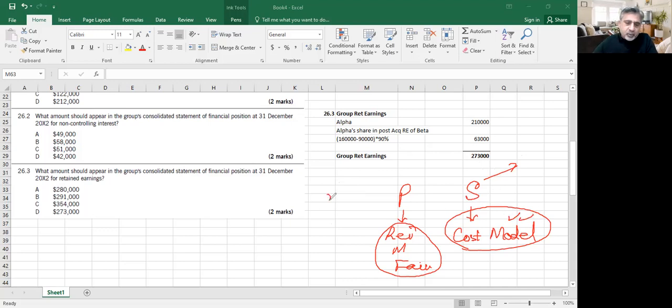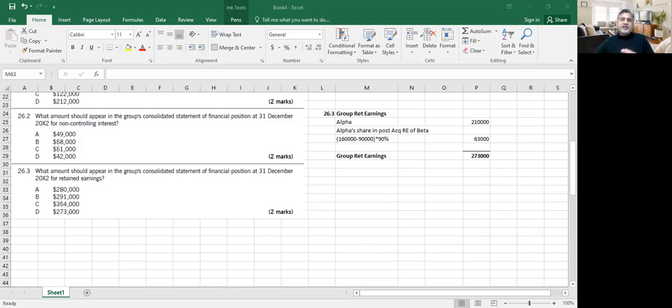But when I make my group accounts, I will use the parent's policy, whether fair value or revaluation model. Naturally, the numbers will be different, so we need to take care of those fair value differences. In this particular case, it was the same, but in some cases it will be different.